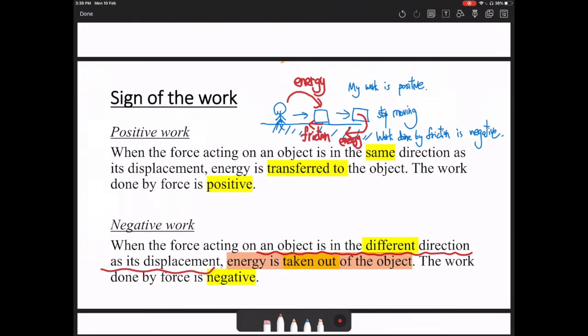You may think, how? If you touch the ground, you may feel the ground is getting hot. Why? Because now the ground is receiving thermal energy. That's why this box will stop moving and the ground is getting hot.